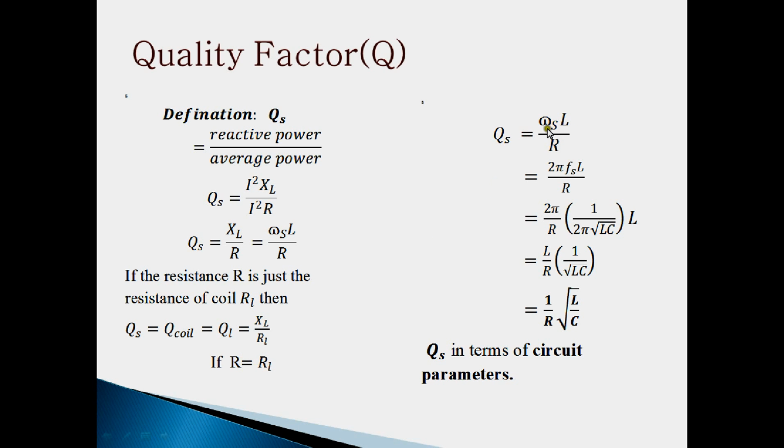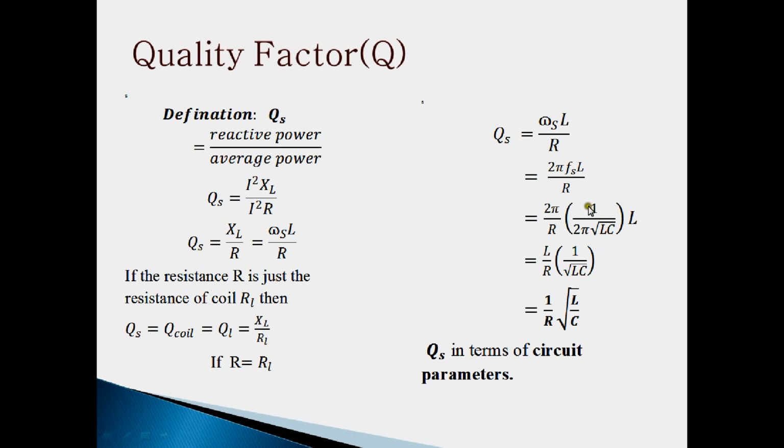Omega s is nothing but 2 pi Fs, resonance frequency in Hertz, into L divided by R. In the first part of the video lecture we derived that Fs, resonant frequency in Hertz, is equal to 1 divided by 2 pi under root of LC.